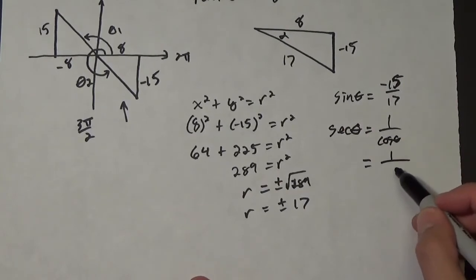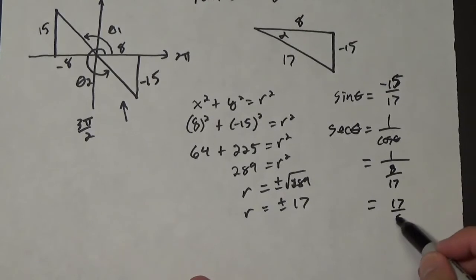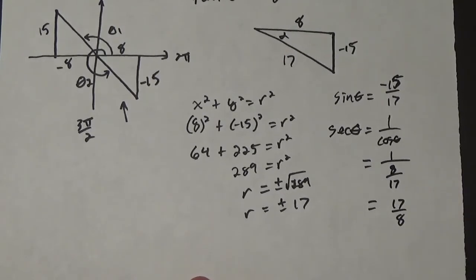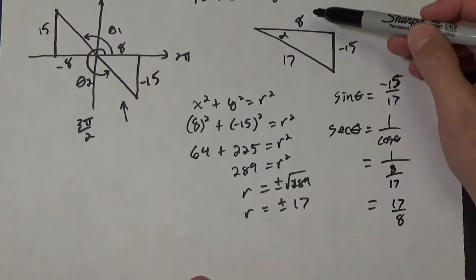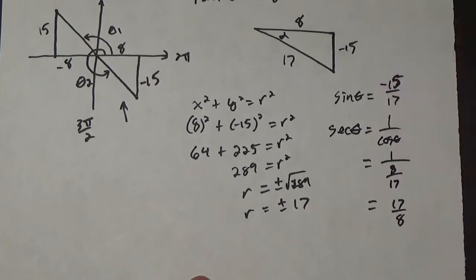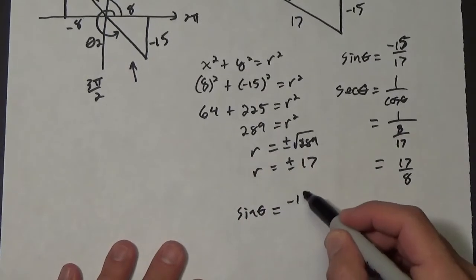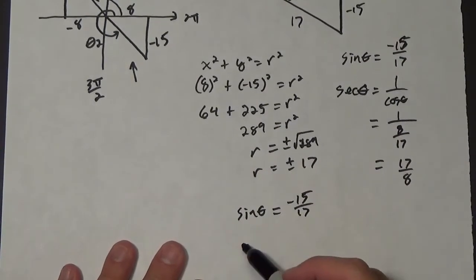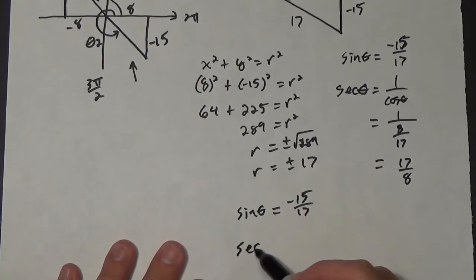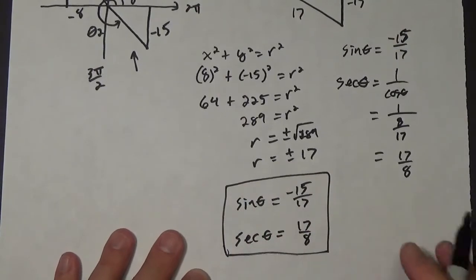So it's 1 over 8 over 17, so it would be 17 over 8. Because the cosine is normally adjacent over hypotenuse, so the secant would be hypotenuse over adjacent. There we go. So then we can write out the sine of theta is a negative 15 over 17, and the secant of theta is 17 over 8, and put a nice little box around that.